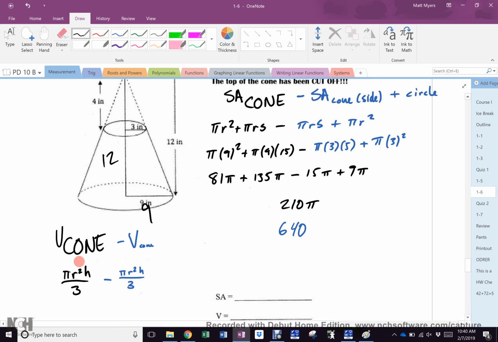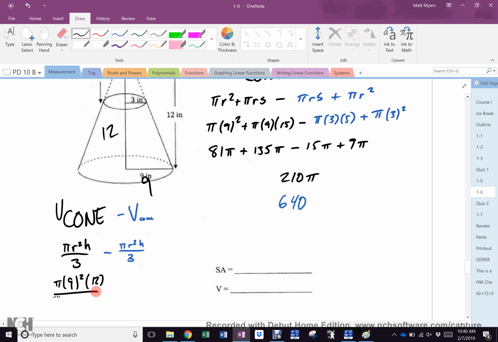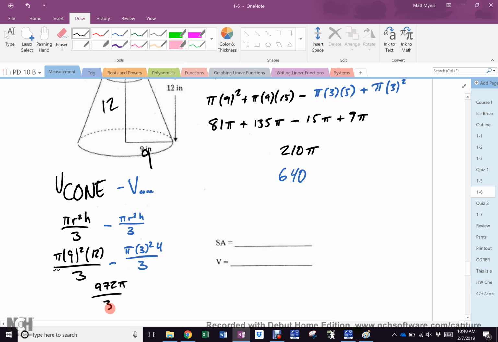The big one is pi times 9 squared times 12 over 3. The little one is pi times 3 squared times 4 over 3. Which is 81 times 12, which is 972 pi over 3.